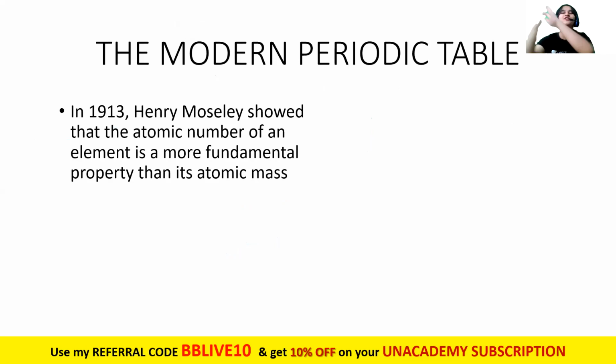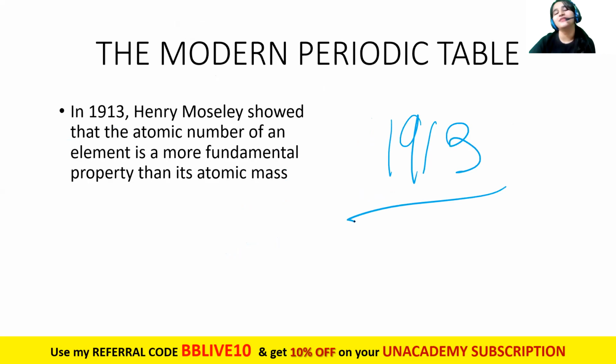Now we move on to the modern periodic table, and one thing that we will discuss in today's session. It came into existence because of Henry Moseley in the year 1913.